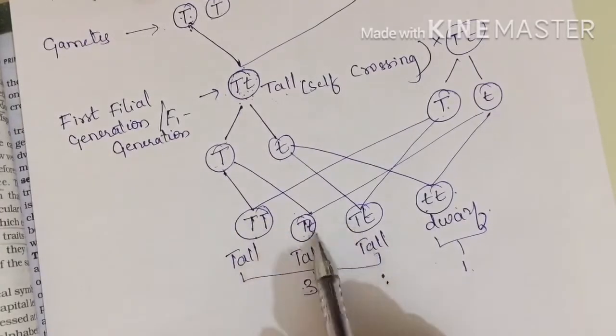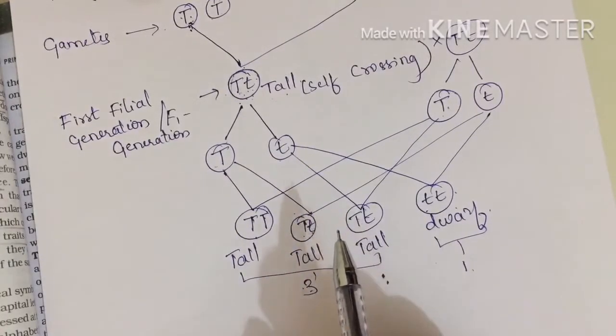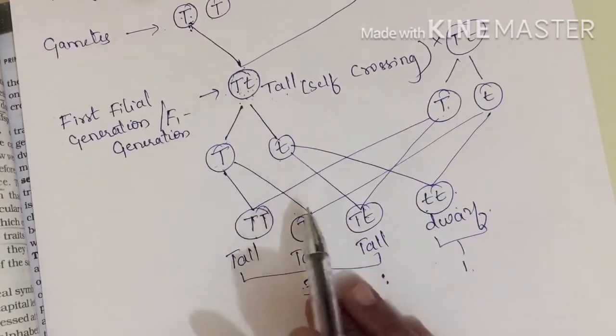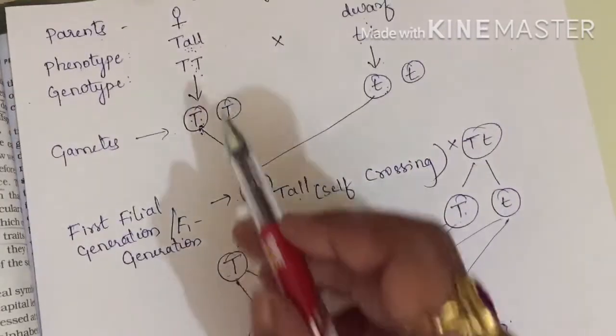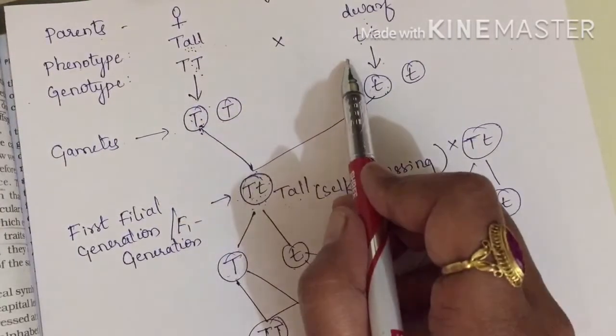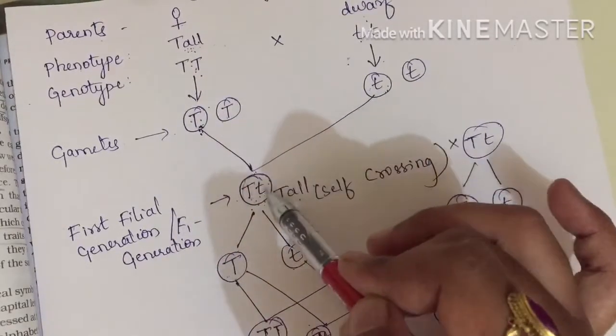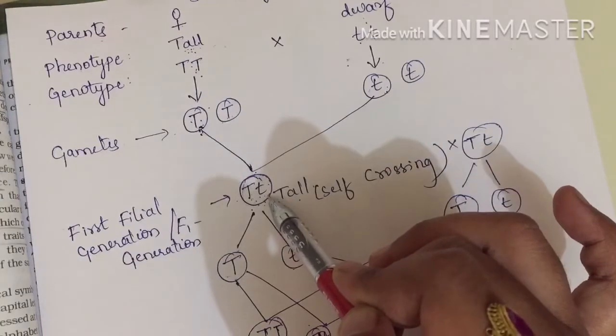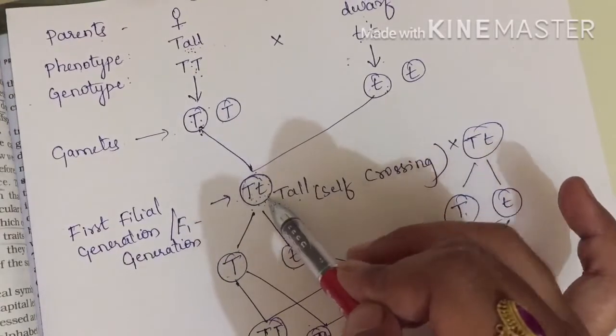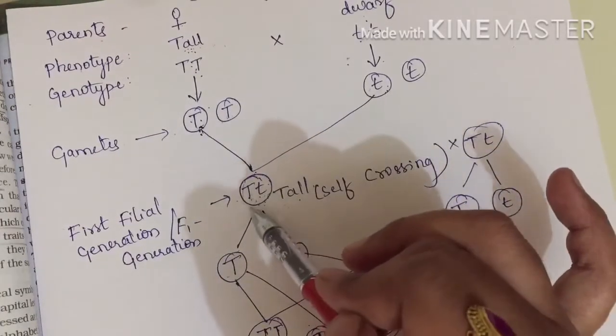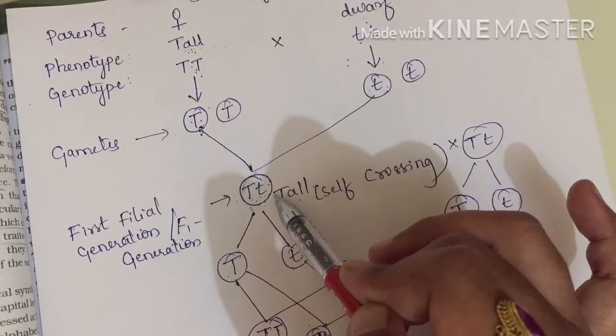Now how are we giving this as tall? As I said, based on dominant and recessive characters: from the contrasting characters of stem height, the character which is expressed in the F1 generation, we call it dominant, because the other one is not expressing. The one which is expressed is dominant, the other which is not expressing is recessive.